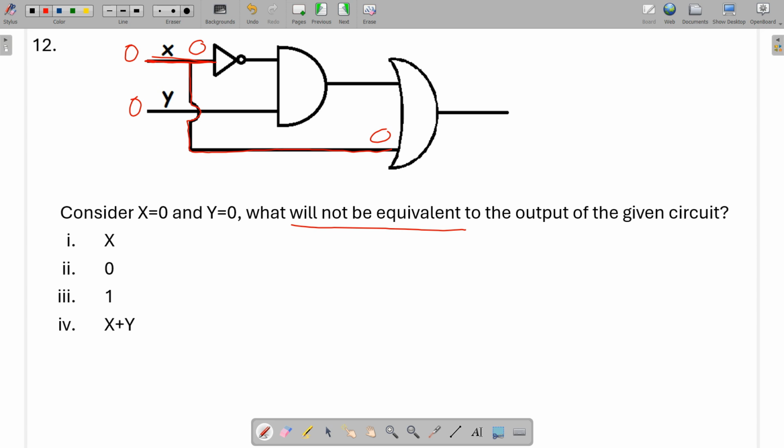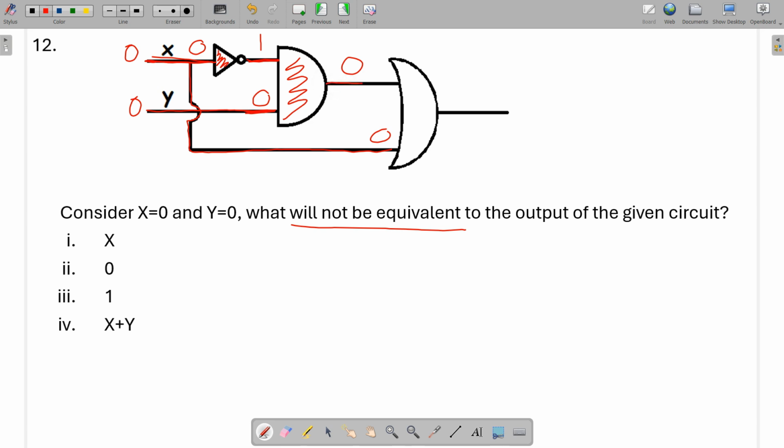And since y is 0, on this line it will bring a 0 over here. Since this gate is receiving a 0, this is a NOT gate, so 0 will be converted into its opposite. The output is going to be 1. Now 1 flows into the AND gate, and on the other hand 0 is flowing. This is an AND gate. An AND gate does Boolean multiplication. So 1 times 0 gives you 0.